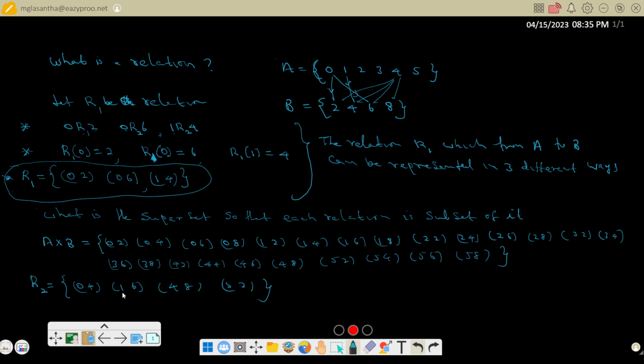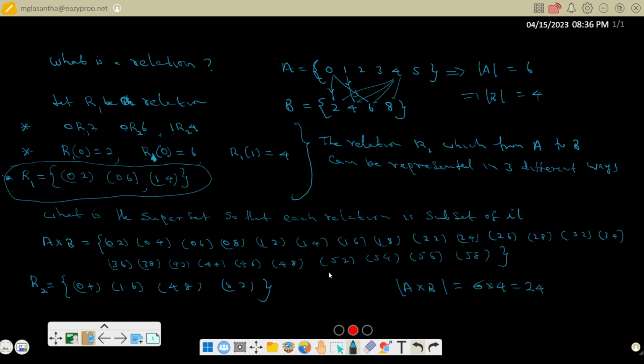What is the cardinality of A? Cardinality of A is 6, no? Cardinality of B is 4. What is the cardinality of A cross B? Cardinality of A cross B is 24.